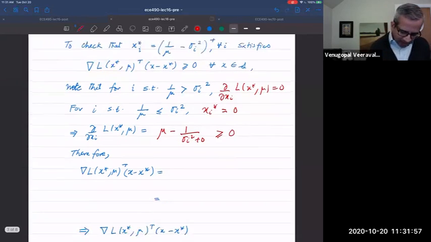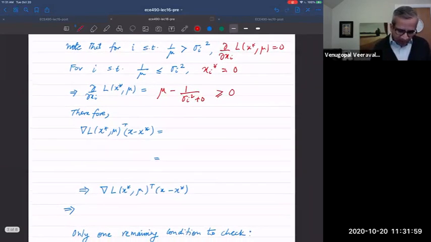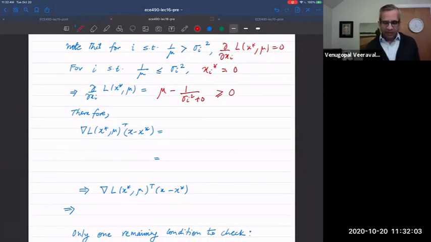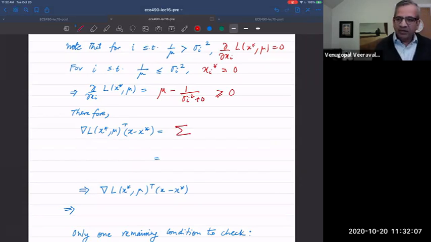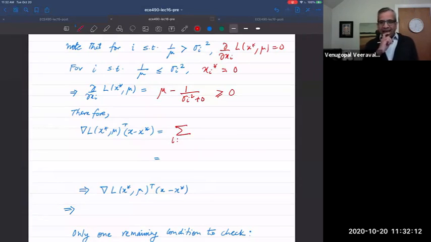Now let's look at what happens to the entire gradient vector when we take the dot product with x minus x star. We only have to look at components for which xi star is equal to 0, because for the other components, we know that the gradient is already 0.